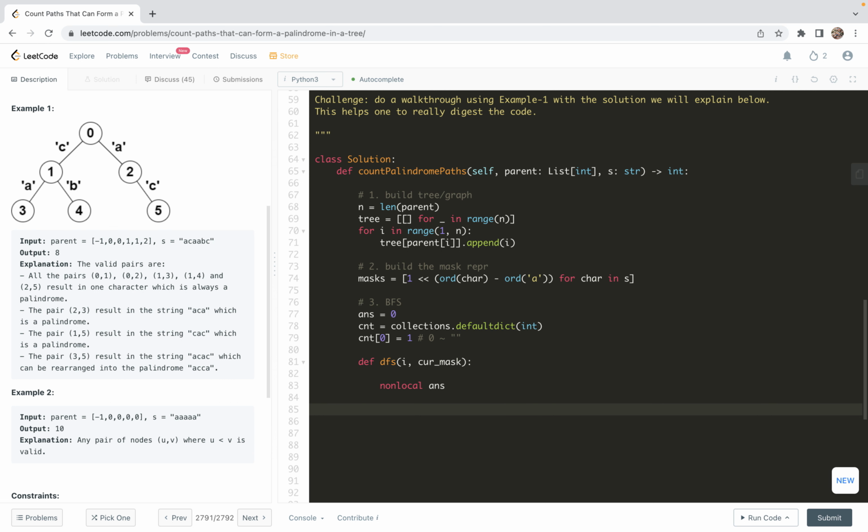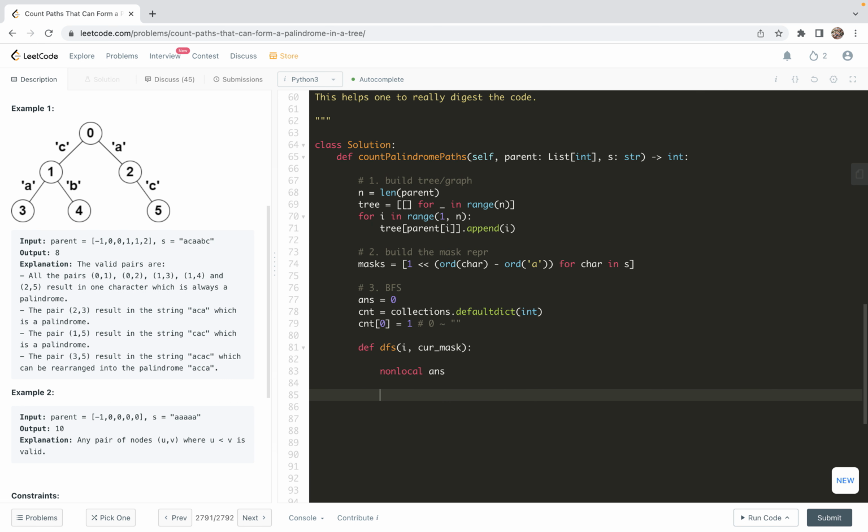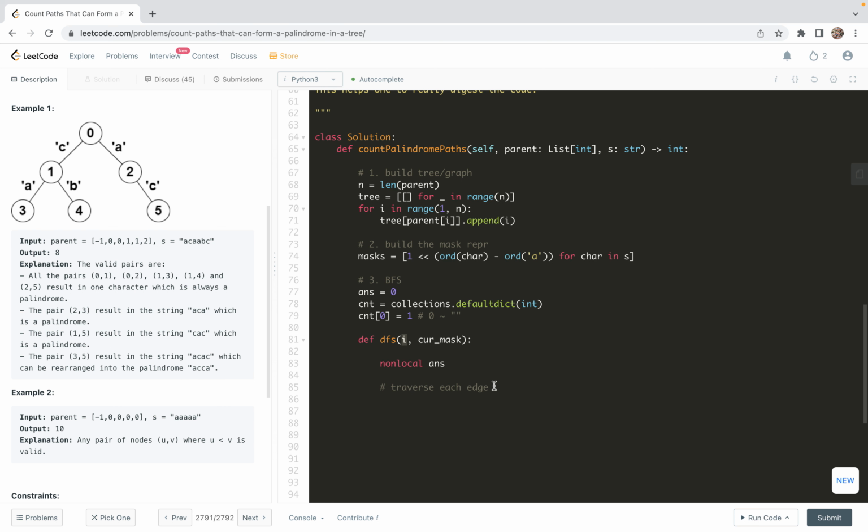And then we want to traverse each edge. In other words, we want to check the neighbors or the children of this node. So basically, for children in tree, right? So the current node.